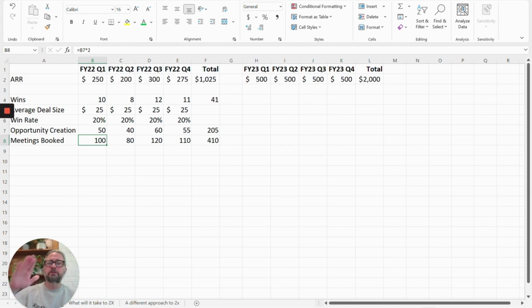Then opportunity creation to win. Those are two really important funnel conversion metrics, so you've got to get your handle on them, right? Let's just for a second assume that for every 2 meetings booked or every 2 MQLs, one becomes an opportunity. And so in order to hit 40 deals in a year, you've got to create 200 ops.